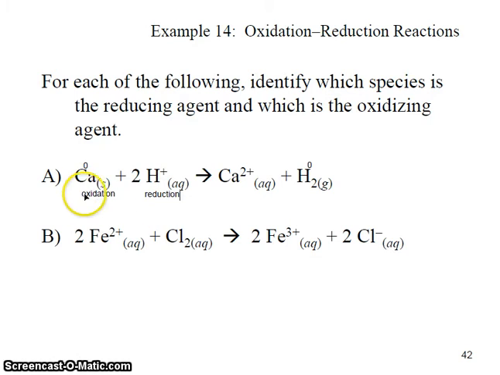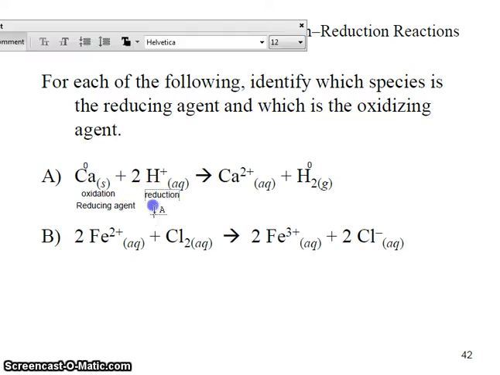So whatever undergoes oxidation is going to be called a reducing agent, and that means the metal is a reducing agent. Whatever undergoes reduction is going to be called an oxidizing agent, and in this case it's a non-metal, so that makes sense as well.